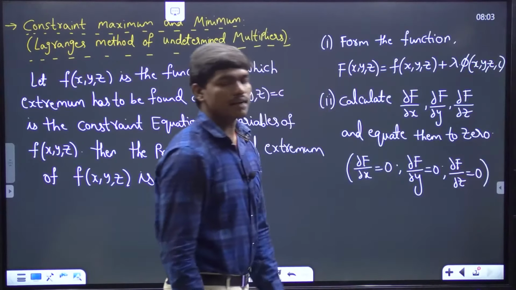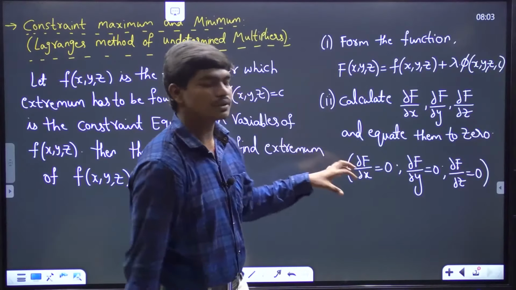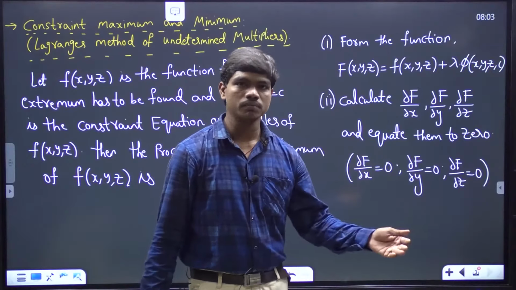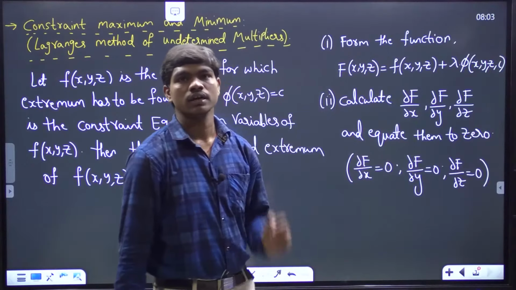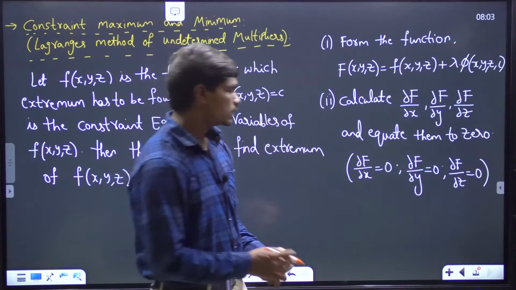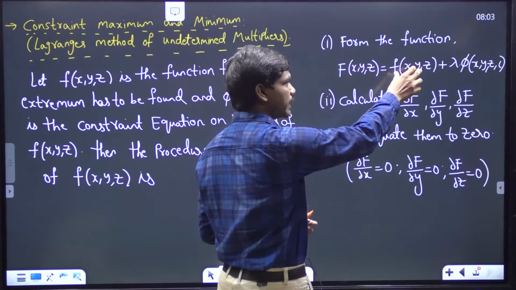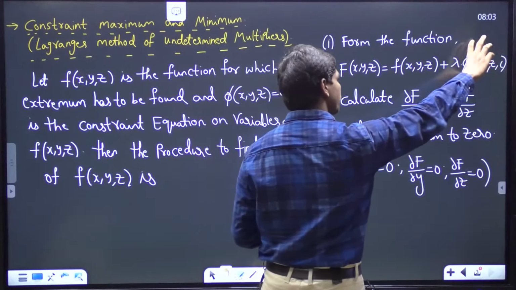If this looks like a big theory, please try to catch up. If you're not able to understand, definitely after this theory we'll work out a problem, and I'll make you understand all these things, as we did in the case of limits. So first we frame the function, which is the function for which you need to find the extremum plus lambda into the constraint equation.